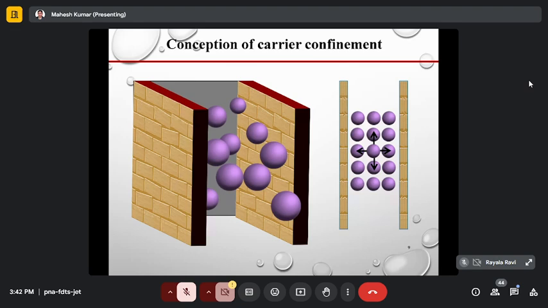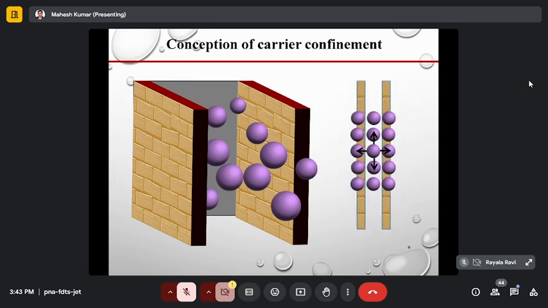Here you can see this mobility diagram. We can consider this the bulk material. When we are using the bulk material, the scattering is very high, so overall the mobility of these electrons or carriers is low. But if you are using 2D materials, the mobility is very high. Here we have defined the path.